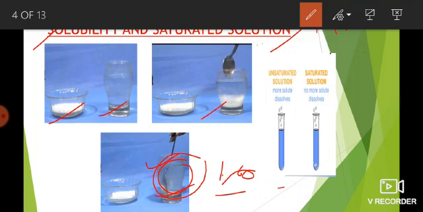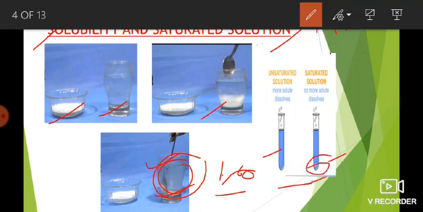Here also in this picture you see in 2 test tubes water is there. Here we can't see any crystal of sugar. That means sugar is being added. But after adding a certain amount of sugar, here we can see that it is no more dissolving.